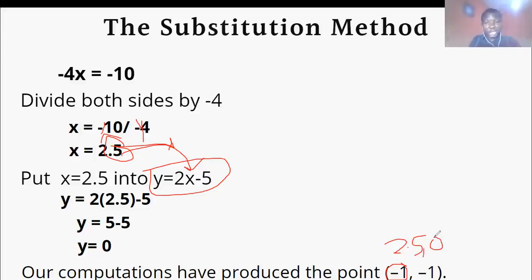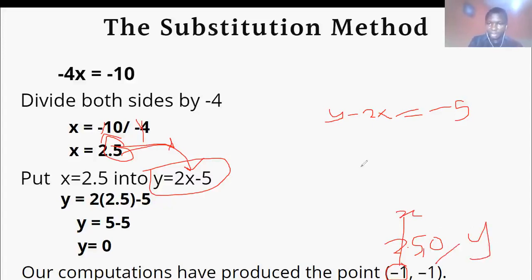So let us check whether we are correct with what we have here. If you have y minus 2x equal to minus 5. So your x is 2.5, while your y, just note that your x is the first one that appears, followed by y, according to our coordinate points.